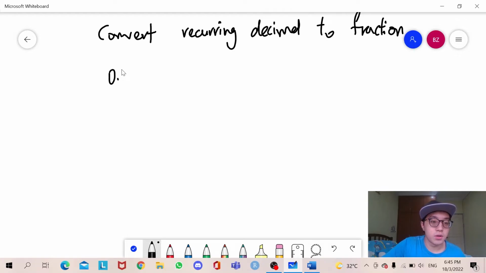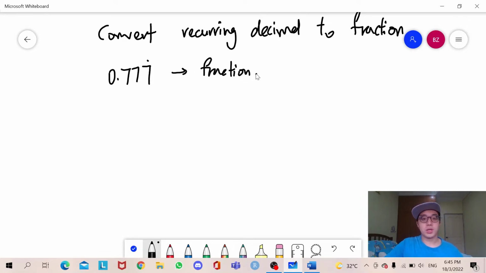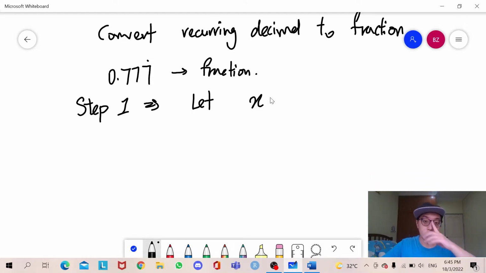Convert 0.777 recurring to a fraction. How do you do it? There are a few steps. Step number one, you let x, which is just an unknown, equal to 0.777 recurring.